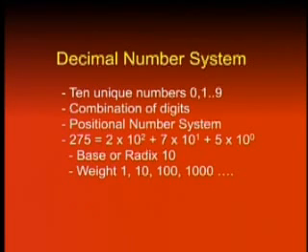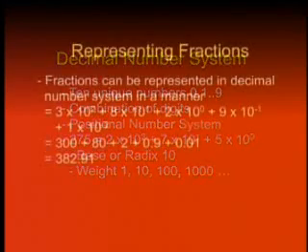The number 10 represents the base or radix of the number system. Since it's a decimal number system, it's a base 10 number system. 10 raised to power 2, 10 raised to power 1, 10 raised to power 0 represent the weights of the three digits. So the weights are 100, 10, and 1.